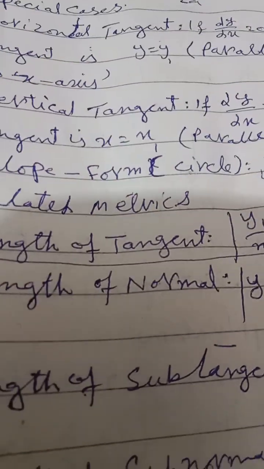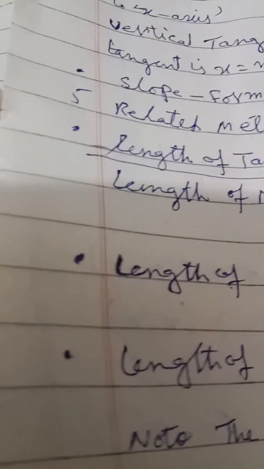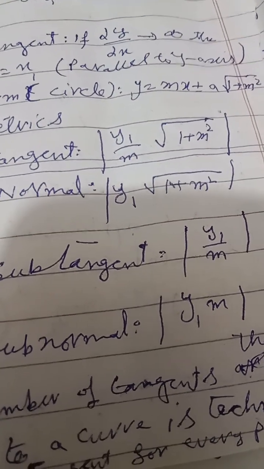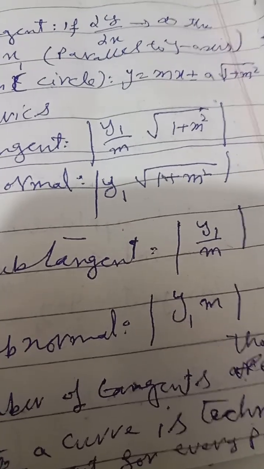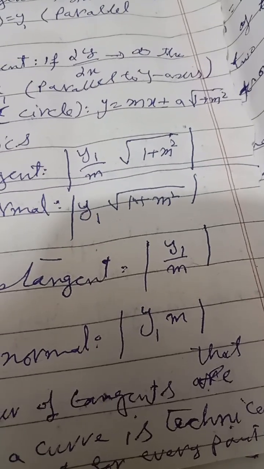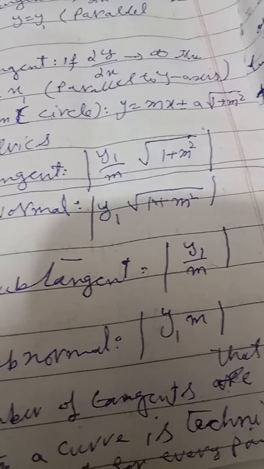Related formulas: length of tangent is magnitude of y1 upon m times square root of 1 plus m square.